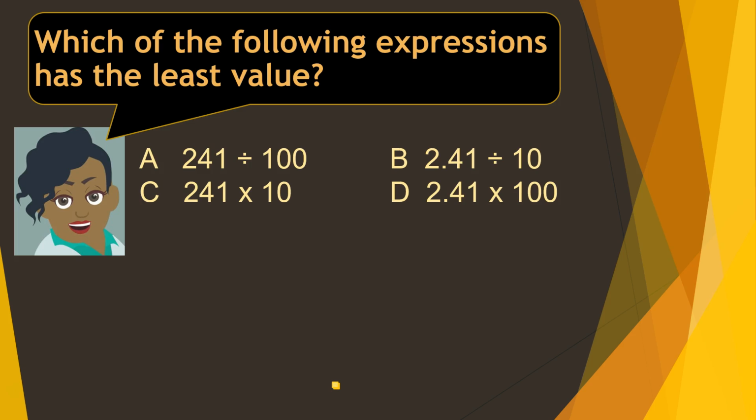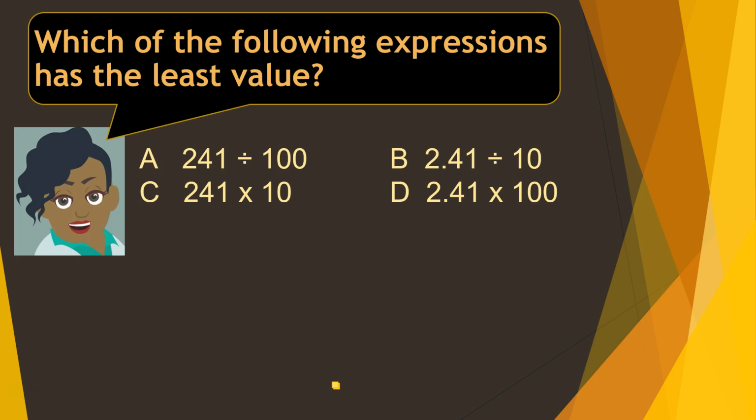Our next problem, which of the following expressions has the least value? Pause the video and think about how you would solve the problem. Then push play when you're ready to continue. In each of these answer choices, the number is being divided or multiplied by 10 or 100.